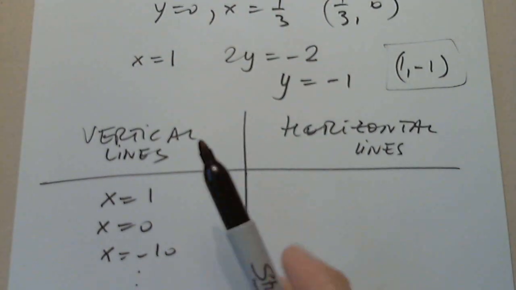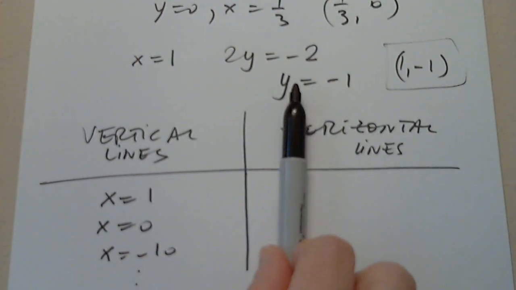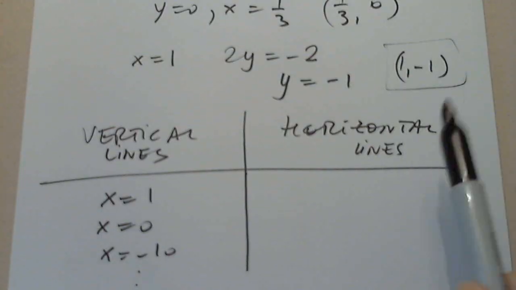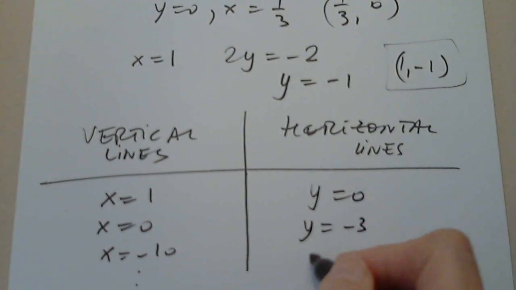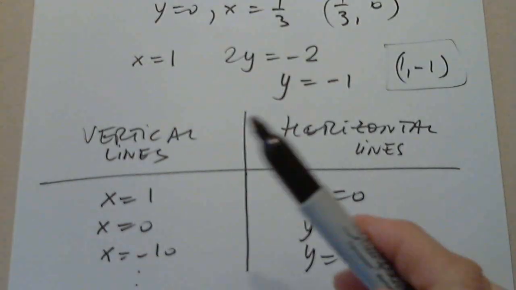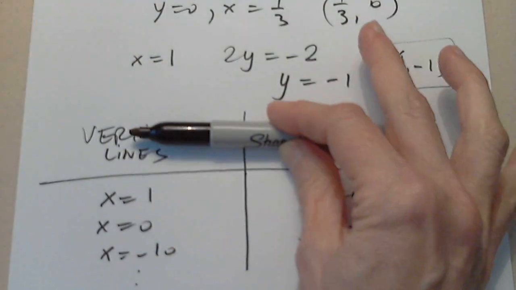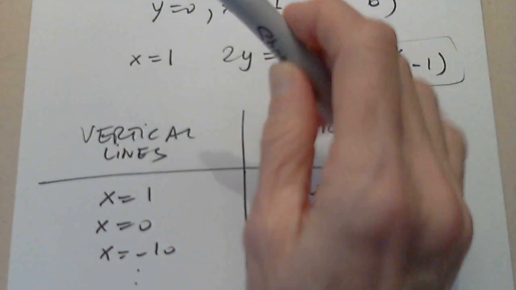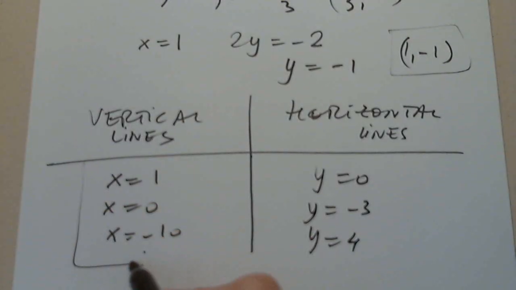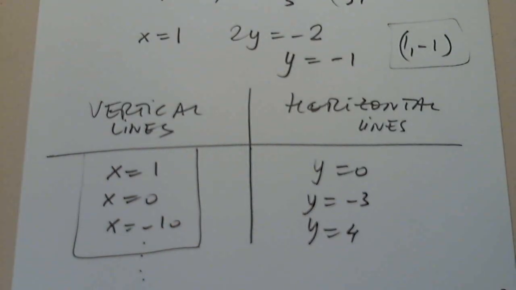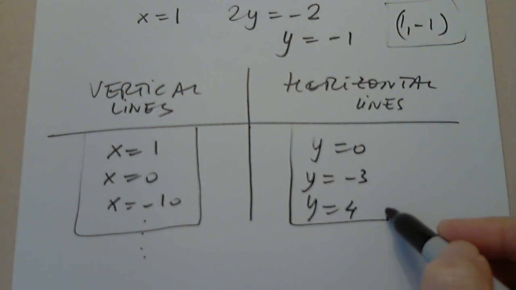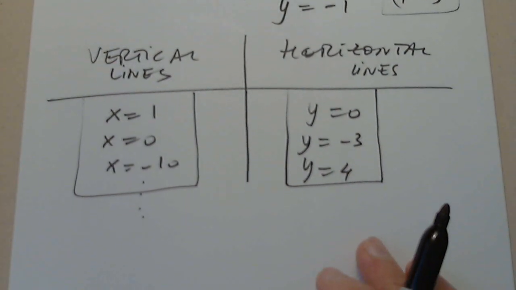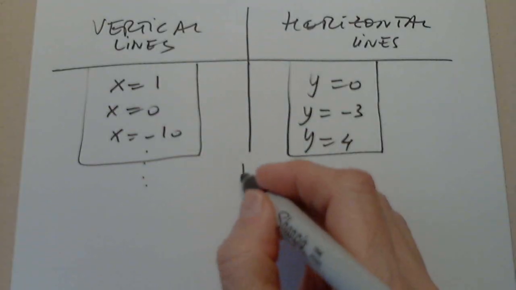They only have x. They show position. Horizontal lines have only y. y equals 0, y equals -3, y equals 4, because they are representing altitude. So vertical lines only have x in their equation. Horizontal lines only have y in their equation. Very easy to graph.